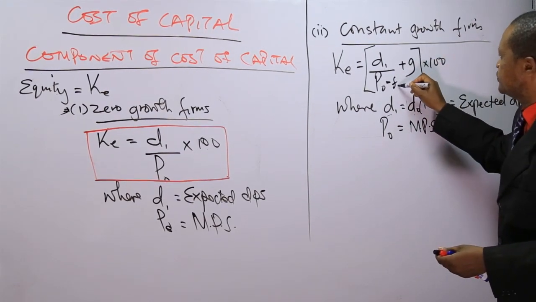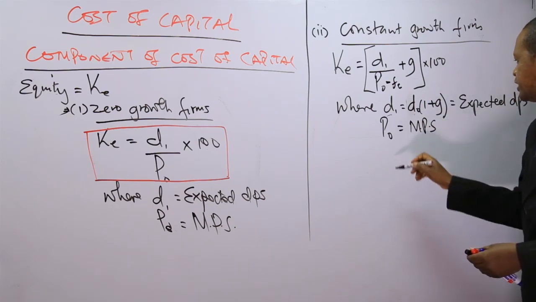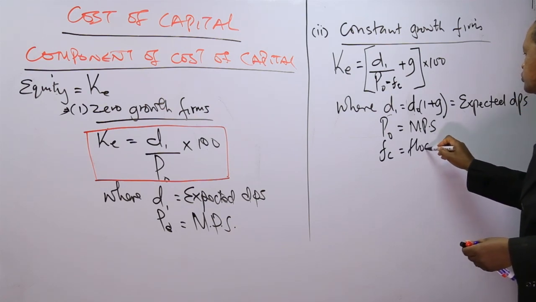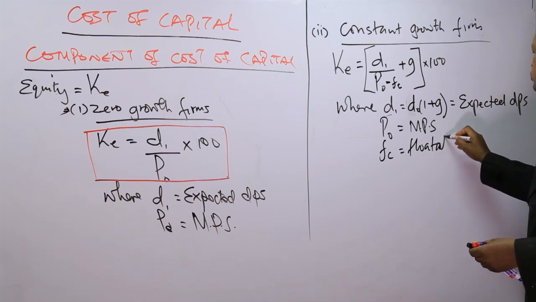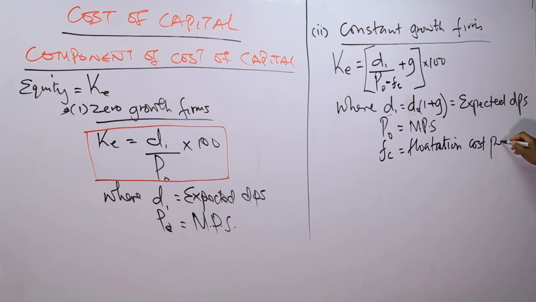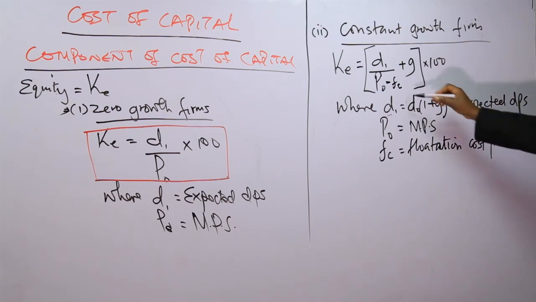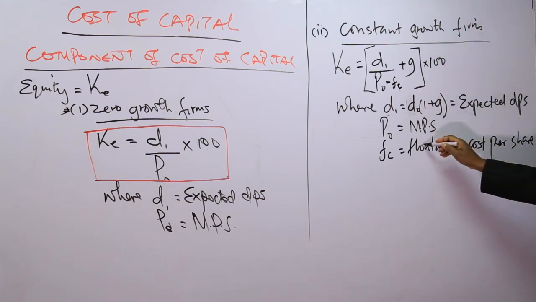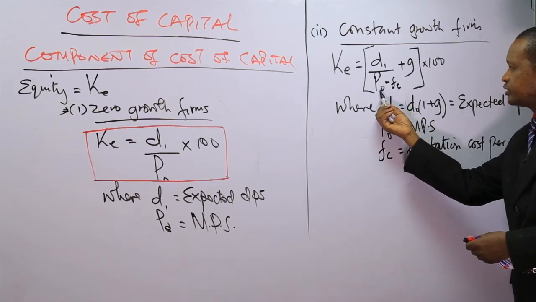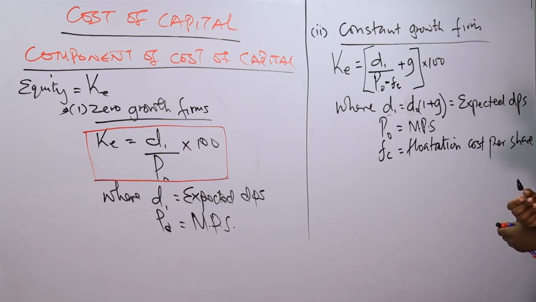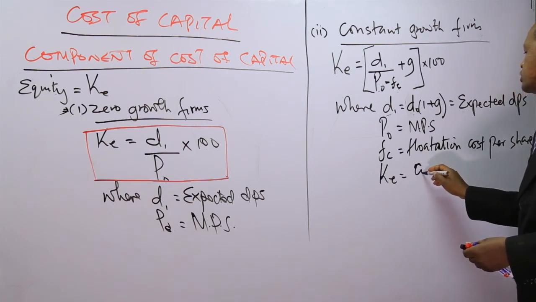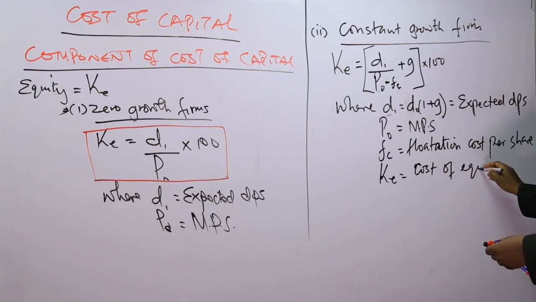So we have our FC there, where FC is equal to the flotation cost per share. So in the event that a company incurs flotation costs, then that flotation cost should be deducted from the market price per share. So that is how to determine the cost of equity, and KE is the cost of equity.